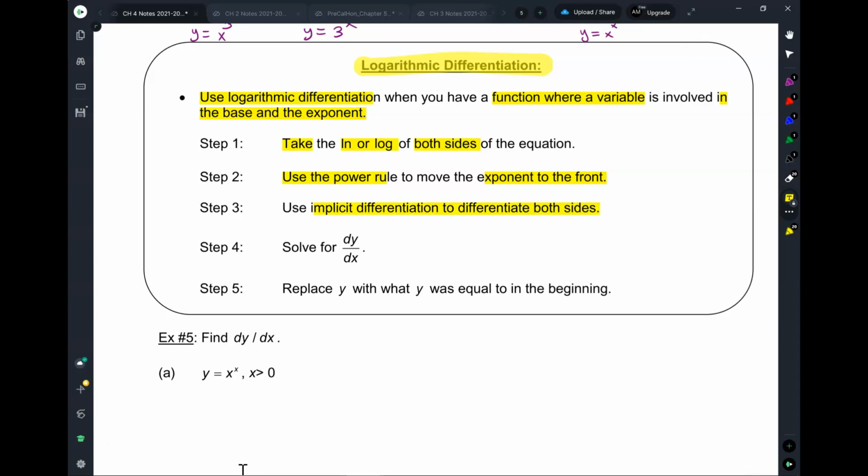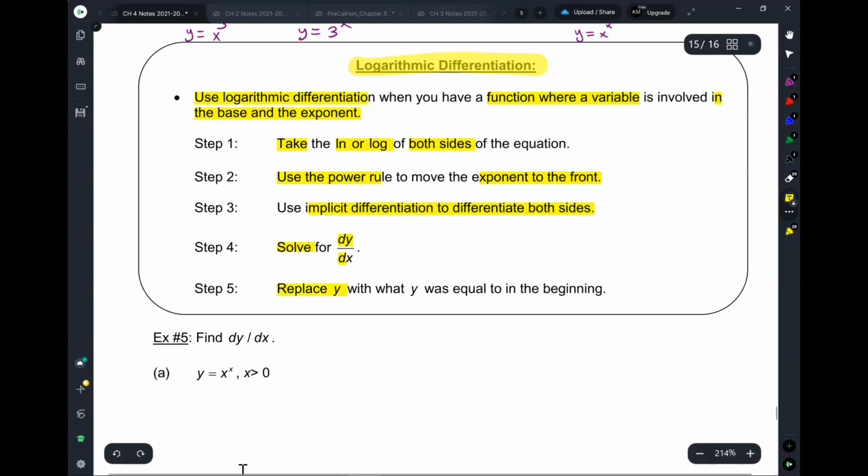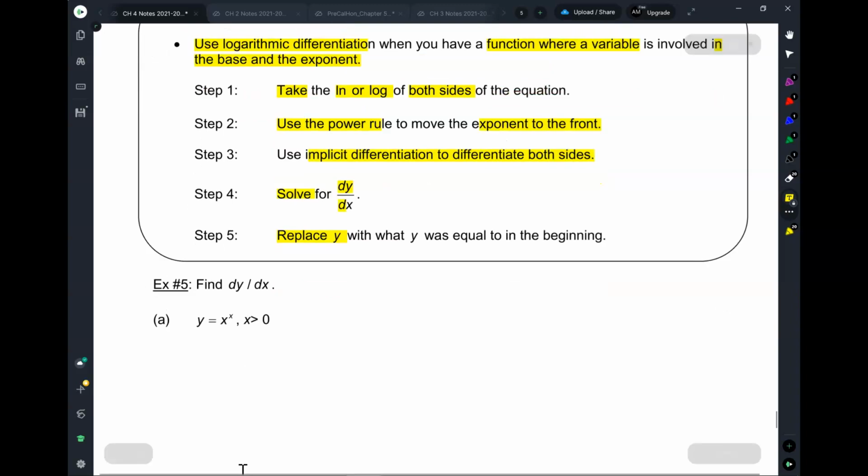Then we go back to algebra. Solve for dy/dx. And then more algebra: replace y with what y was originally. So, algebra, calculus, algebra.